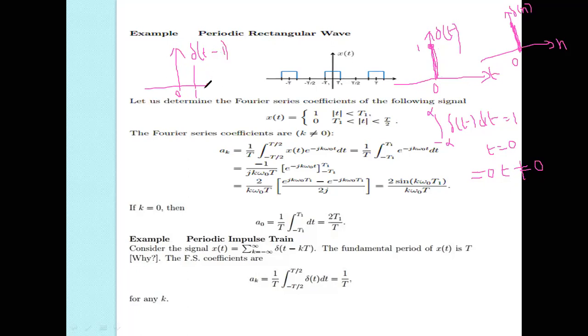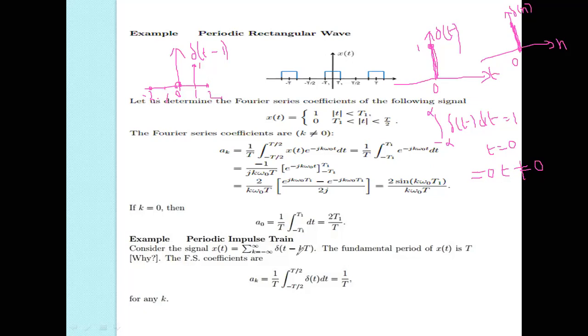At t minus 1, meaning at t is equal to 1, the magnitude is 1. And at 0 it is 0, at 2 it is 0, and at minus 1 and minus 2 it is also 0. This one sample we have in the impulse function is shifted towards the right side by one sample.